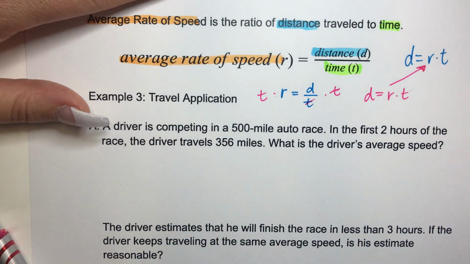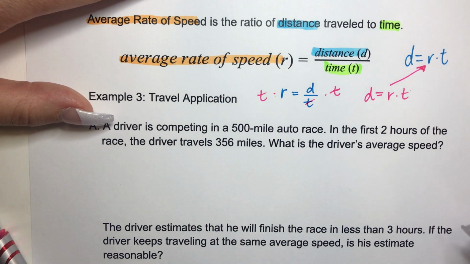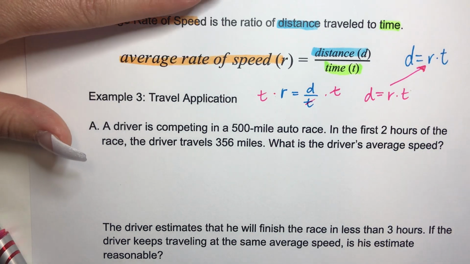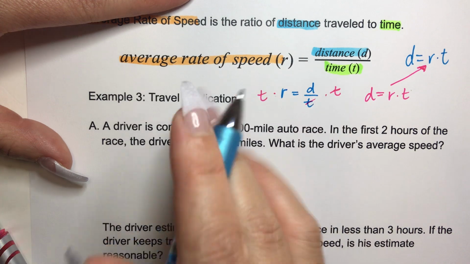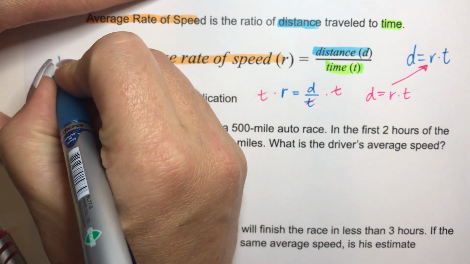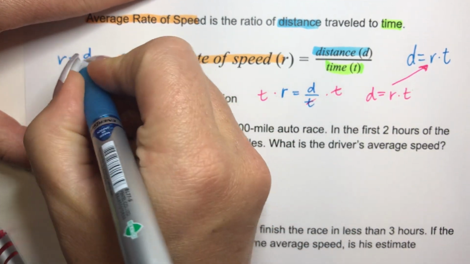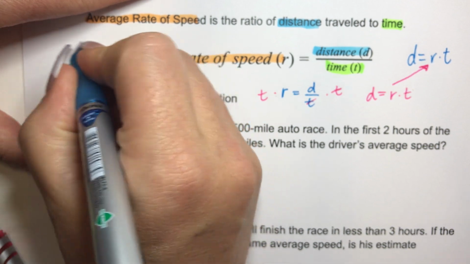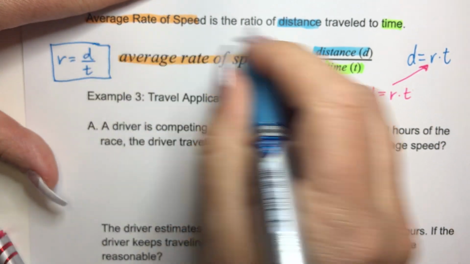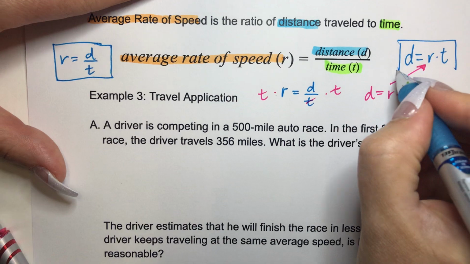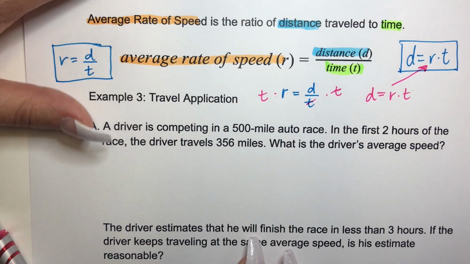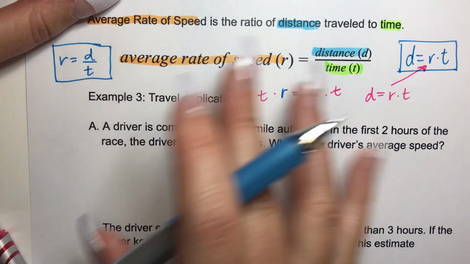So there are those two variations of this formula. The average rate of speed is R equals D over T, and that's the variation we're going to be using, but we also have distance equals rate times time. They mean the same thing. They're just two different versions.